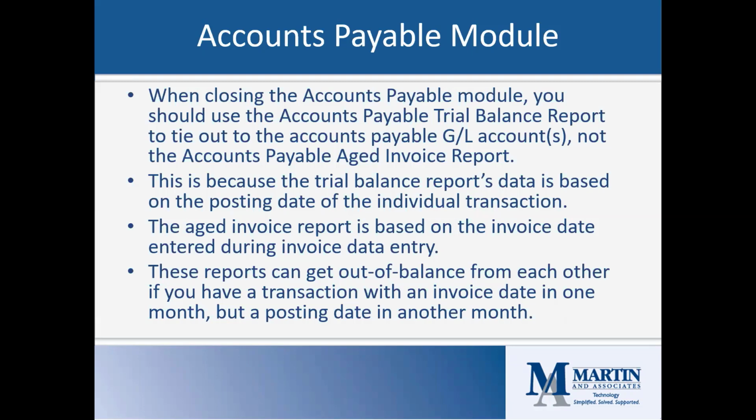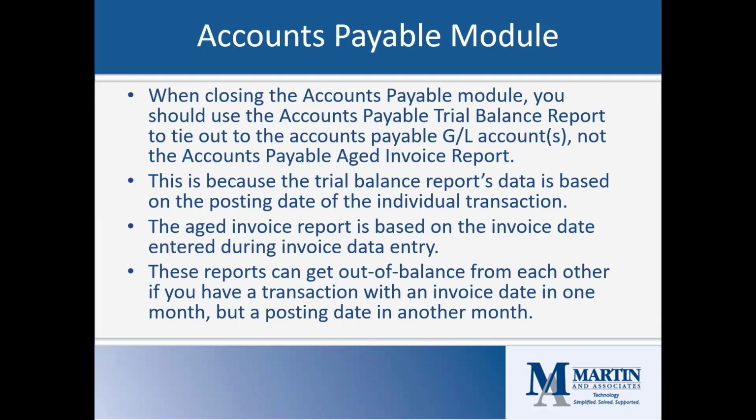When you go into AP invoice data entry, you put in the invoice date of November 30th, and let's say you've already closed November. So when you go to post that, you post it with a posting date of December.